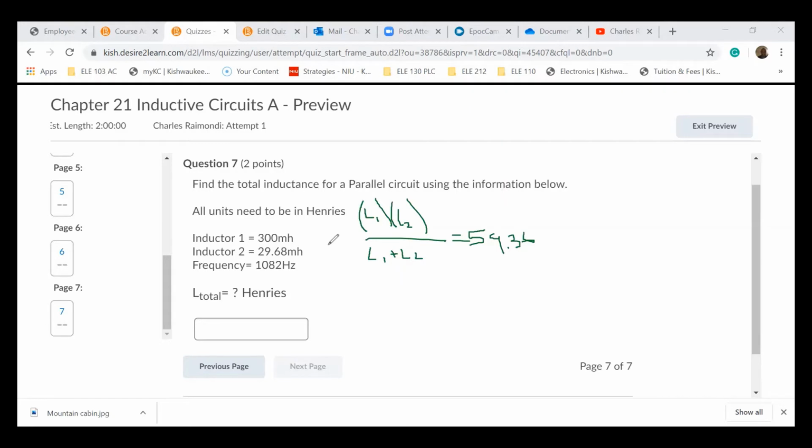You might want to redo your math. I got 59.27 too, because I typed it wrong. Once I realized that this is 29, I was looking at the 300. I thought this was 268, and I was like, okay, that'd be close. But this is 29, which makes more sense for 27. So just watch those numbers.